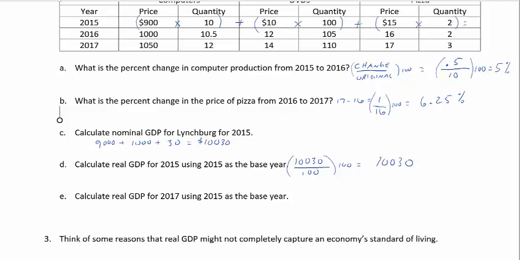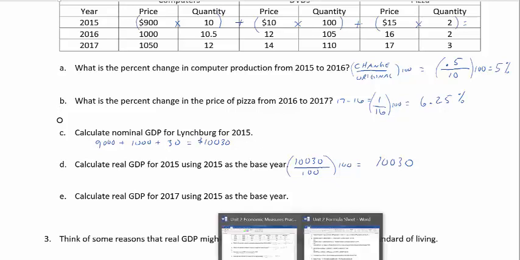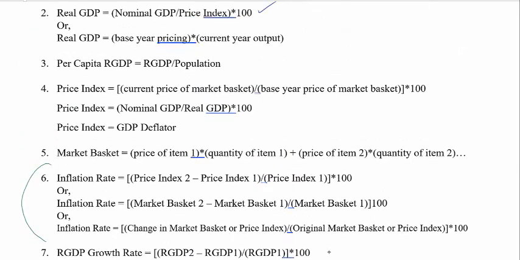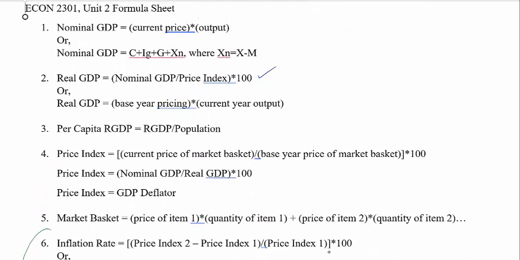If you look at part E, it's asking us to calculate real GDP for 2017, but we don't have a price index for that. So doing it using that method is not going to be possible. Okay, so there's actually 2 ways to calculate real GDP. So we just used the first one. The second one here is what we're going to use for part E. We're just going to take the base year pricing and multiply it by the current year's output.